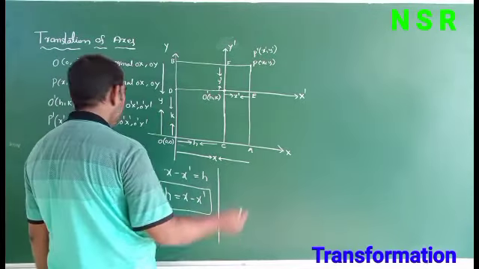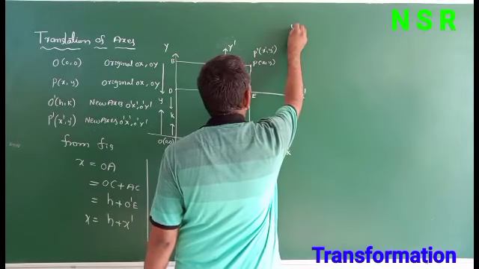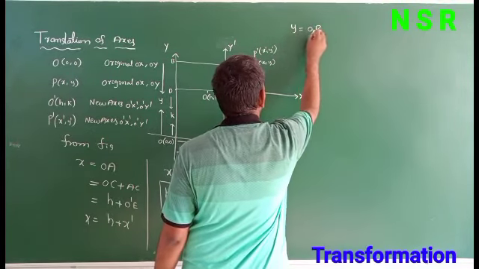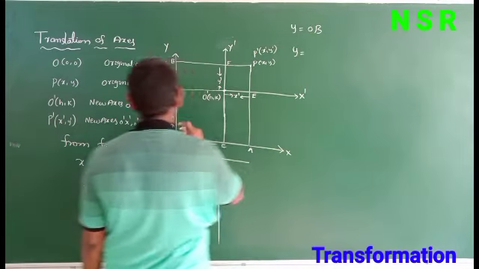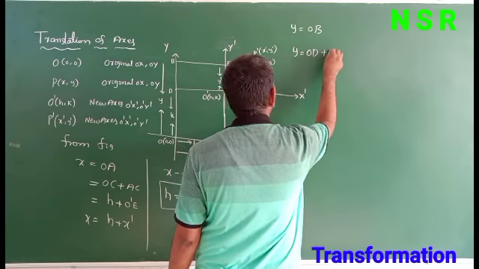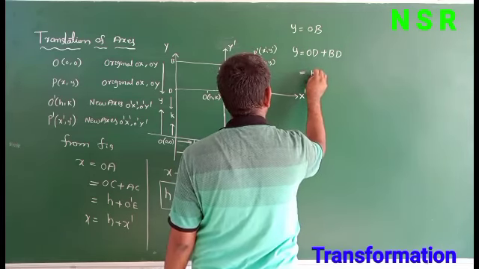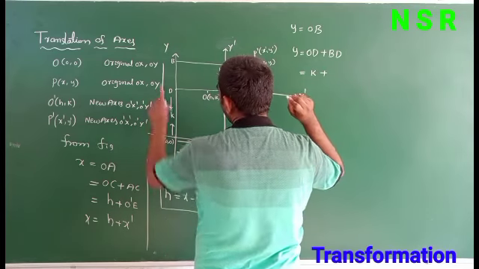Again here we have B, the distance OB equal to y. Now y is equal to OB, and OB we can write as OD plus BD. Now OD distance is k, plus BD.